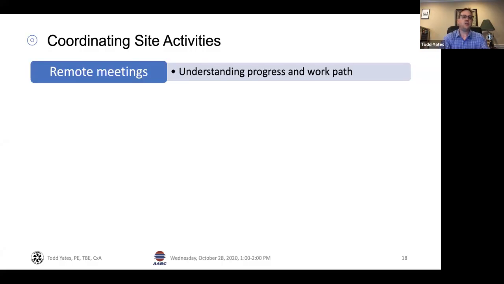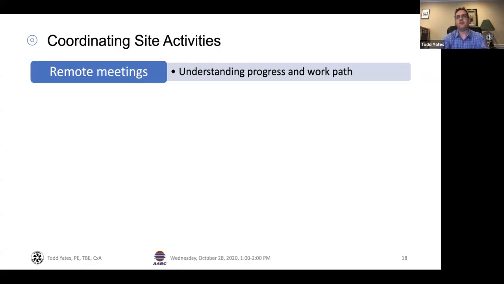If a project is far away, it may be impractical to attend the meetings, but without being involved, we don't know what's going on. We don't know where the project stands in terms of progress that relates to us directly or indirectly. By being engaged in the remote meetings, we have a better understanding of the progress and the work path of the project.